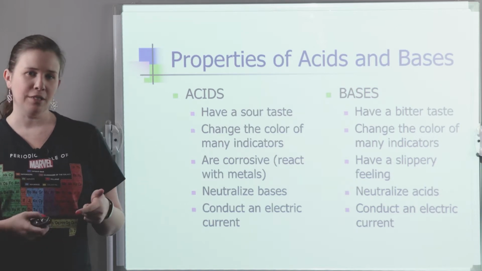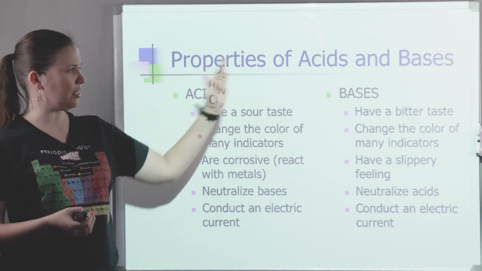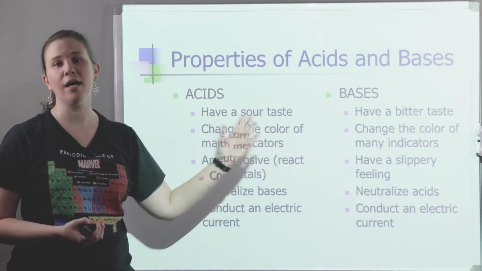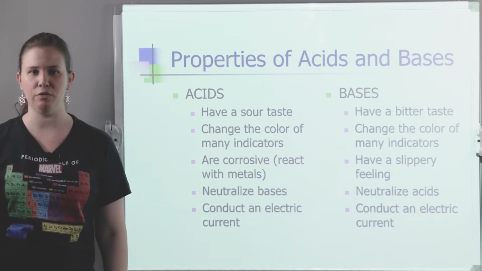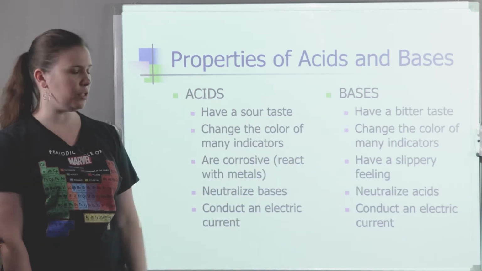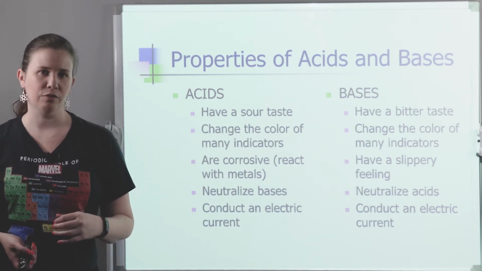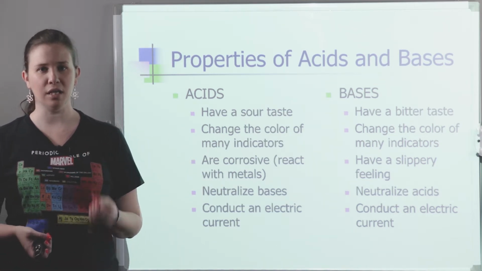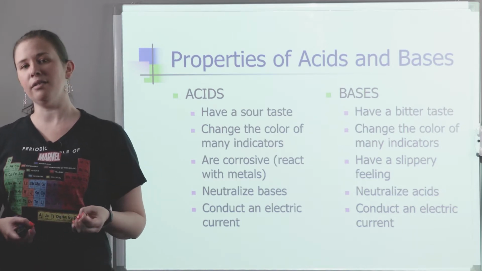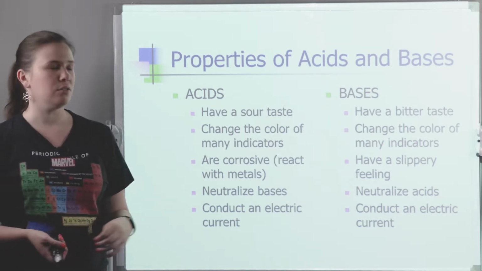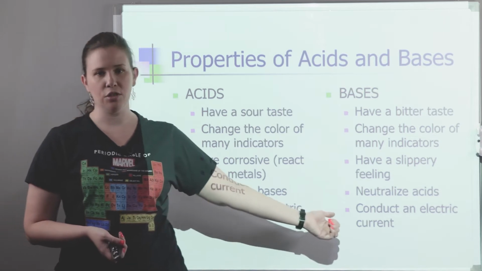One last property, and you'd actually see a contrast between what the properties are for acids and bases, but this property is the same for both. You may remember from the electrolyte section from Unit 8 that in order to conduct an electric current, all we really need is a lot of ions in solution. And so it all comes down to the dissociation factor.